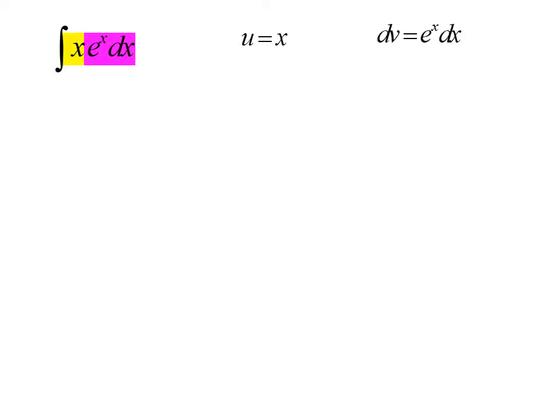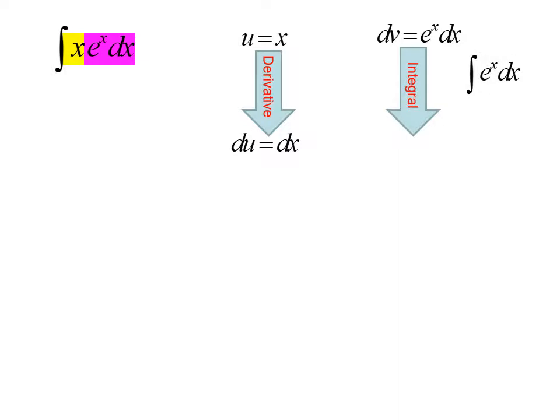We do the derivative of that. The derivative of x would just be a 1, and so du is equal to a 1 times dx. Now, we haven't done this before in the substitution method. For the dv that we chose, we have to do the integral. The integral of e to the x happens to be e to the x. So, once we have done both of these, we're then ready for our formula.